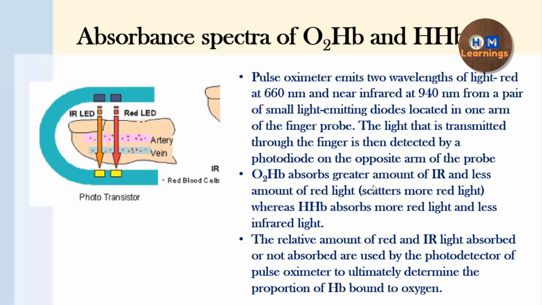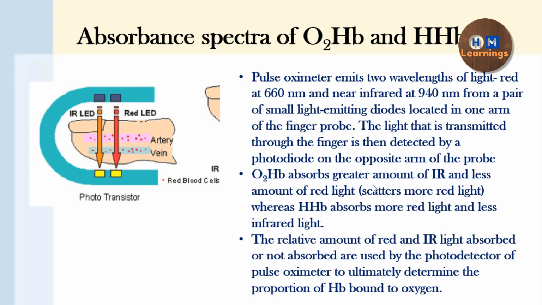Whereas deoxyhemoglobin does the opposite. It absorbs more red light and less infrared light, and the difference between the red and infrared light absorbed and reflected is used by the photodetector of the pulse oximeter to ultimately determine the proportion of hemoglobin bound to oxygen.